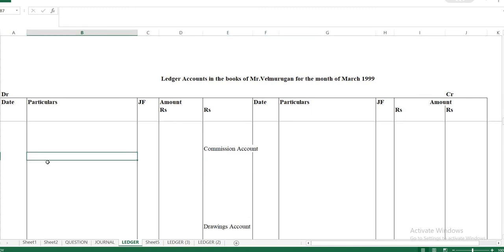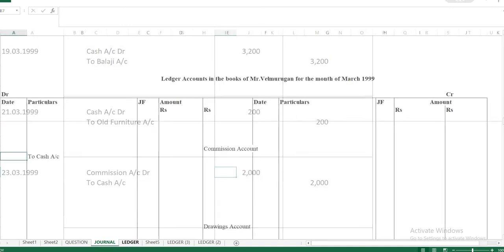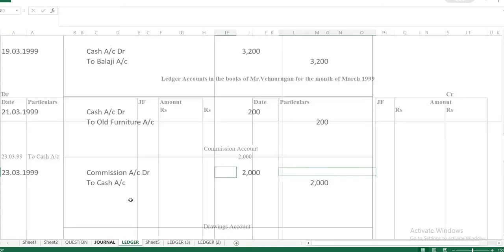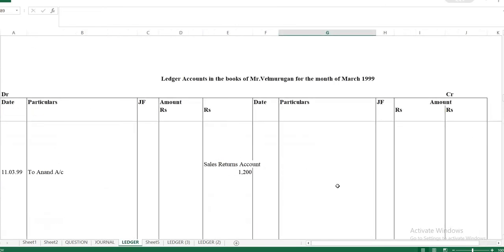Okay, so in commission account, to cash account, the date 23rd of March, mention that 2000 rupees. 23rd March 99, amount is 2000 rupees. Okay. So in commission account, to cash account 2000 rupees. In cash account, by commission account. Cash account, go to the cash account.